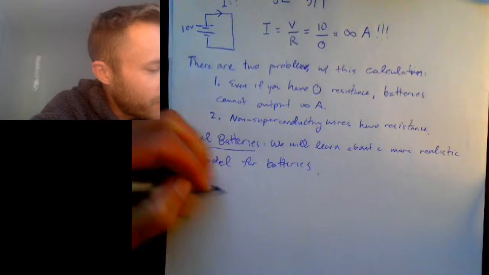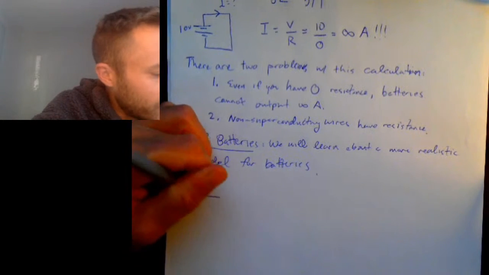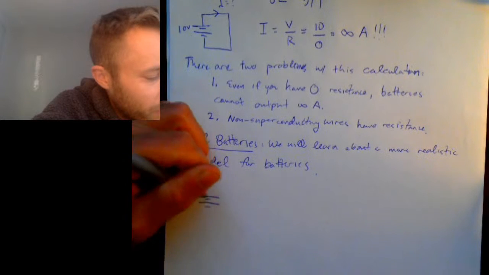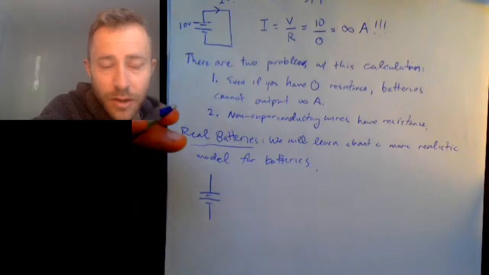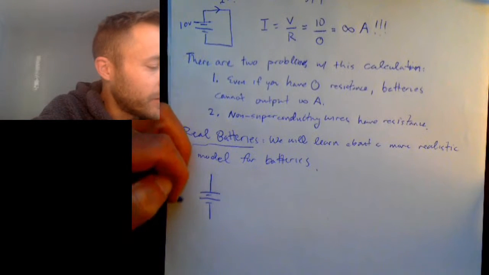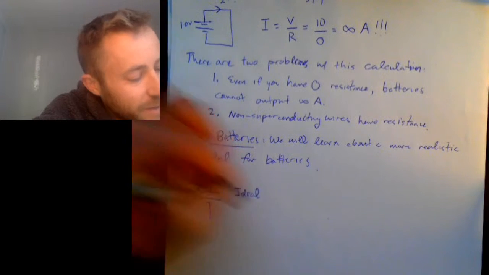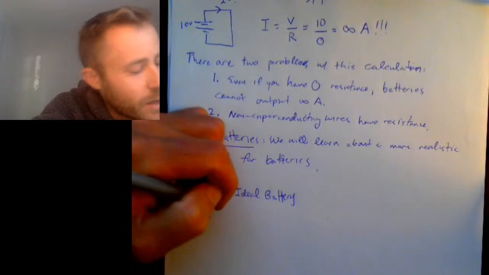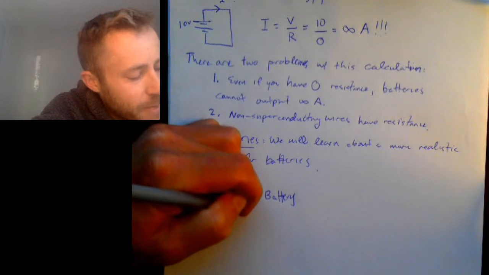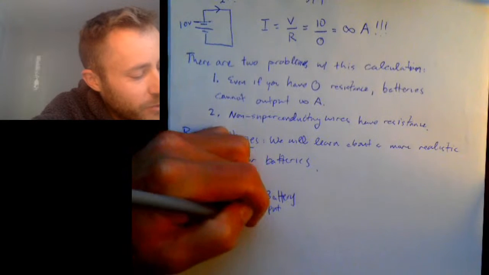So if you have a real battery, what is the opposite of a real battery? Well, the opposite of a real battery is an ideal battery. So an ideal battery can output infinity amps.